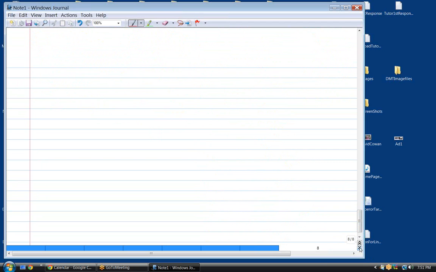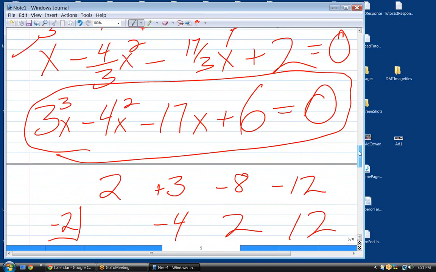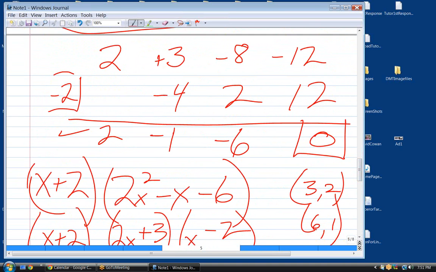What's the remainder theorem? The remainder theorem says that if something is a factor of a polynomial, the remainder will be 0. Remember the last problem we just did? We were testing to see if minus 2 was a factor, and the way we proved that it was is we divided the original polynomial by this solution. To prove that minus 2 was a solution, we had to get 0 right there.